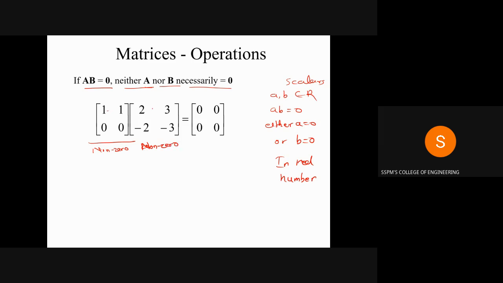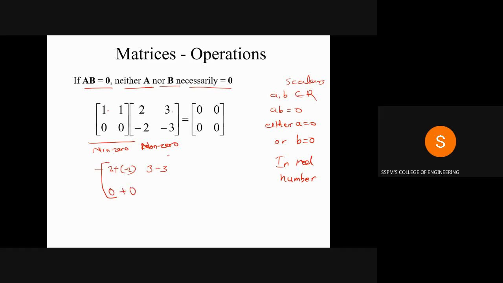See, 1 into 2 is 2, plus 1 into minus 2 is minus 2. Now first row, second column: 1 into 3 is 3, 1 into minus 3 is minus 3. 0 into 2 is 0, plus 0 into minus 2 is 0.